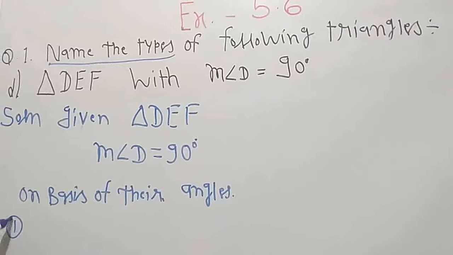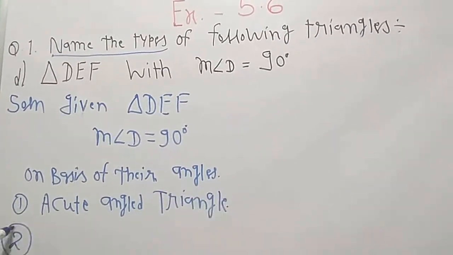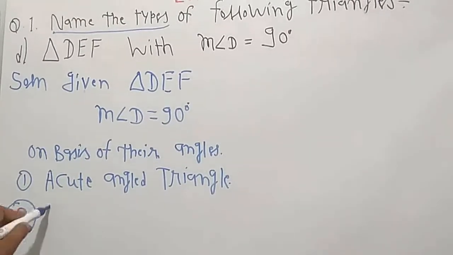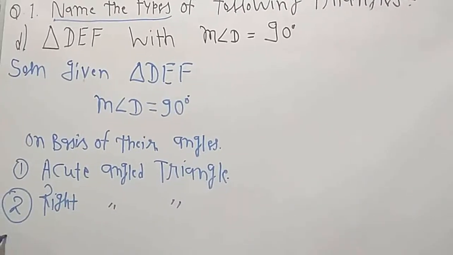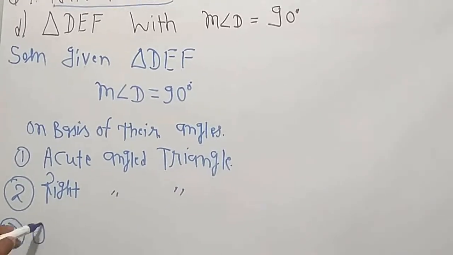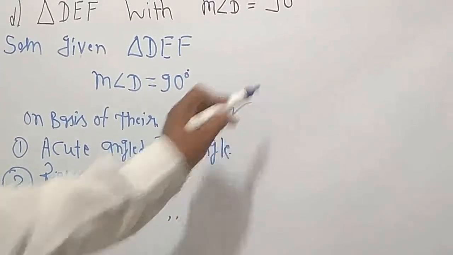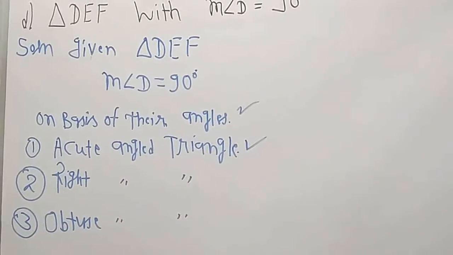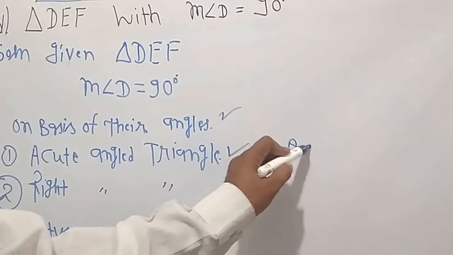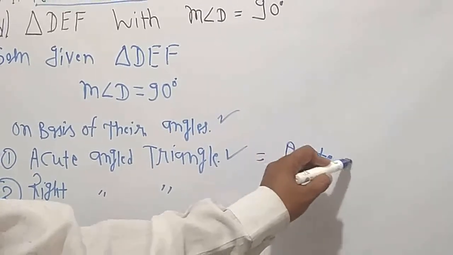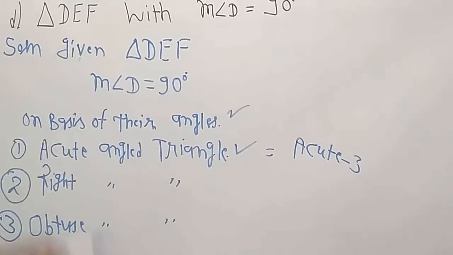The first type is acute angle triangle. Now the second is right angle triangle, and the third one is obtuse angle triangle. For the first, all the three angles are acute angles, then the triangle is an acute angle triangle.